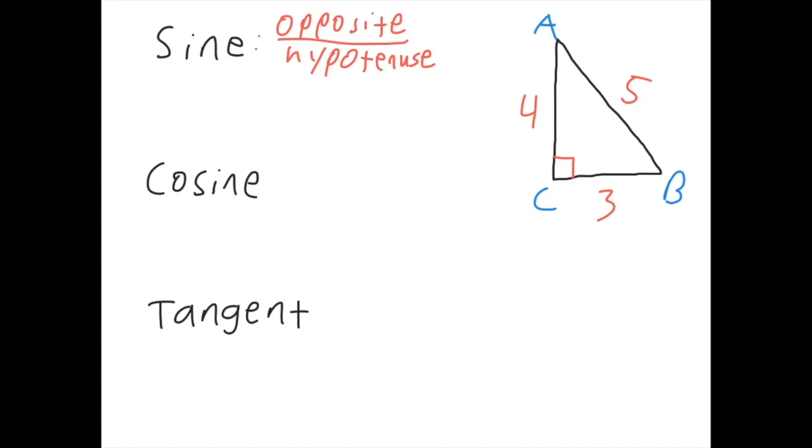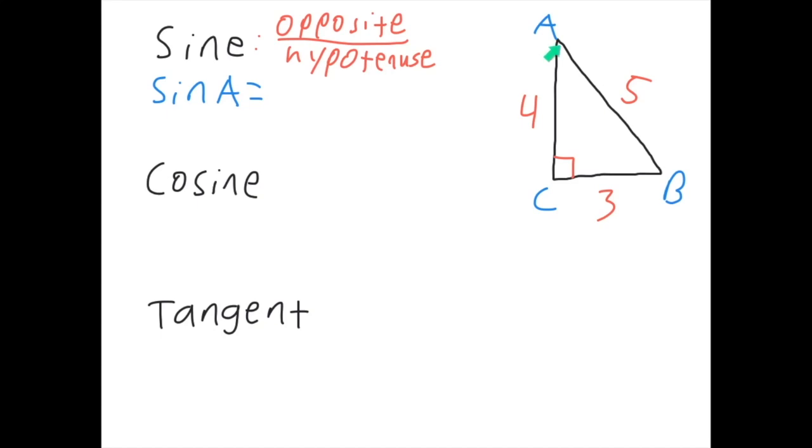So let's use this as an example. Say we have the sine of A, and sine is always abbreviated SIN, but it's pronounced sine. So if I want to find the sine of A, that's going to be equal to the opposite side divided by the hypotenuse.